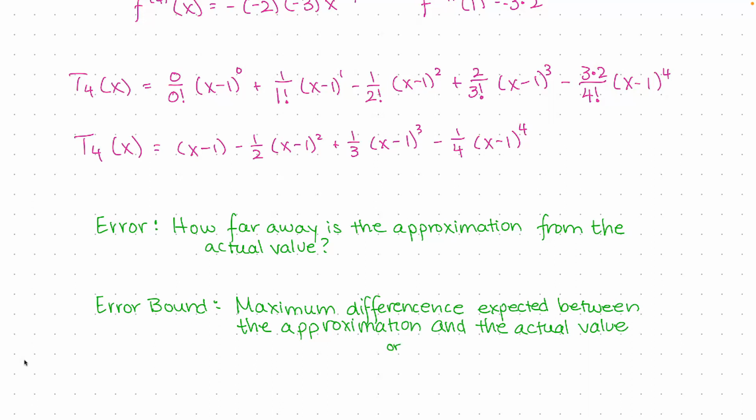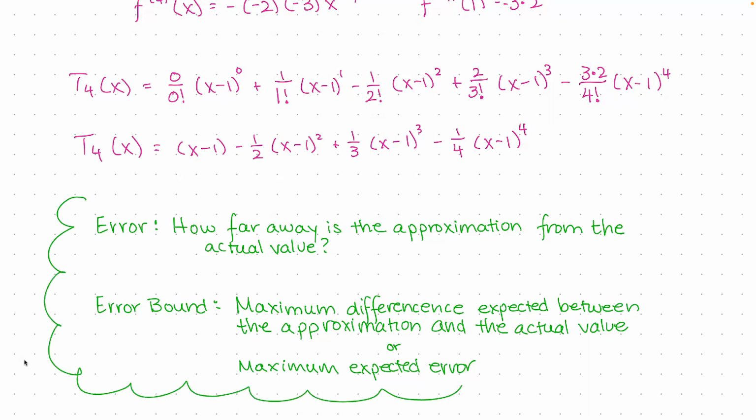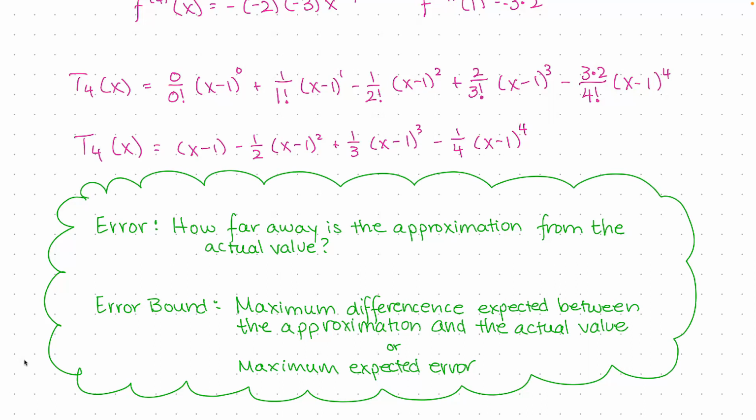Or you can simply say the maximum expected error. So you find the value of the error after you've got your approximation. But to find the actual error, you have to know what the actual value is.